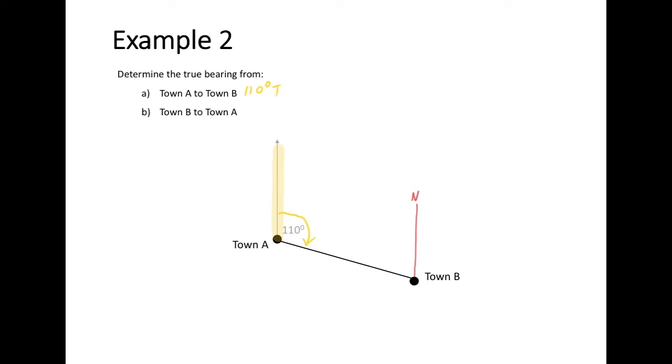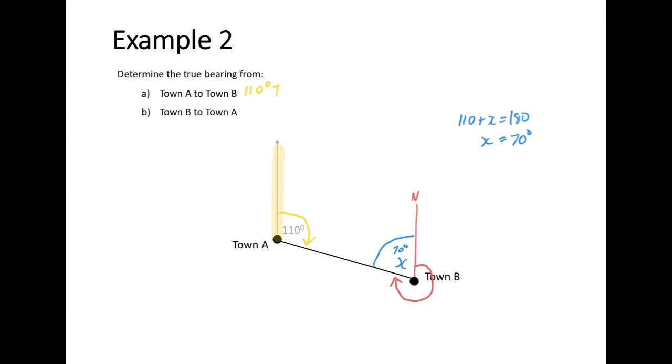So the angle that I want to find is going to be from my north line around to my direction of travel. Again, in this example, I can use my co-interior angle rule to work out what my angle is for x. So 110 plus x is going to be 180. So x is going to equal 70 degrees. So my angle in here is going to be 70 degrees, and I can use that to work out my true bearing measurement.